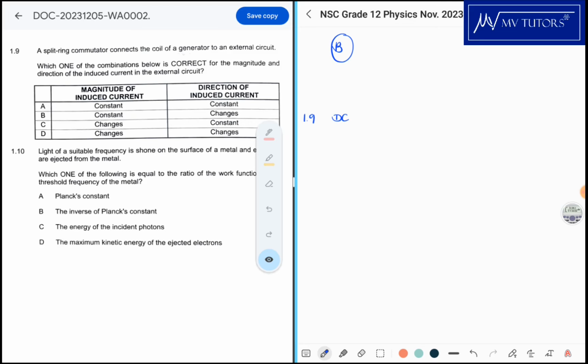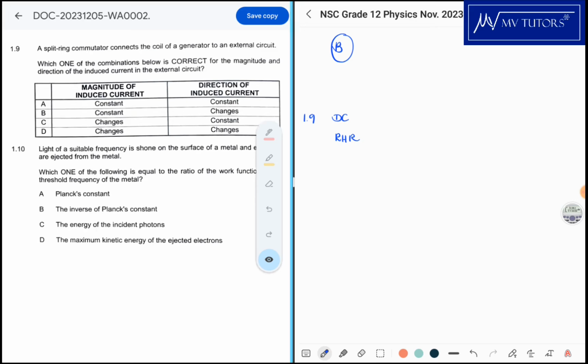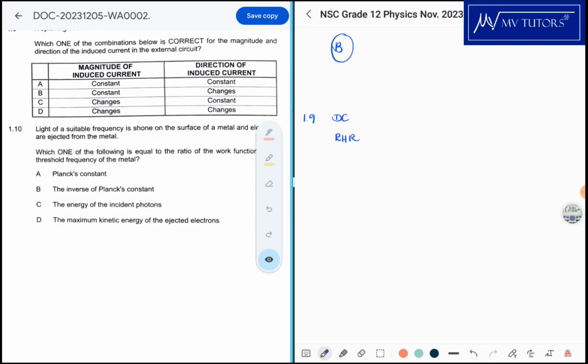Voltage, and then generator. I don't know if you're going to need this, but I'm thinking of the right hand rule just in case. And then to an external circuit. Which one of the combinations below is correct for the magnitude and direction of the induced current in the external circuit?